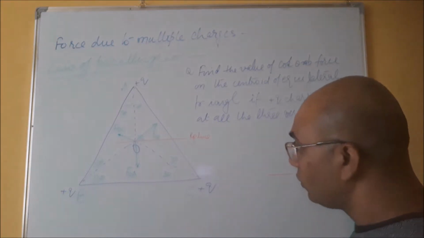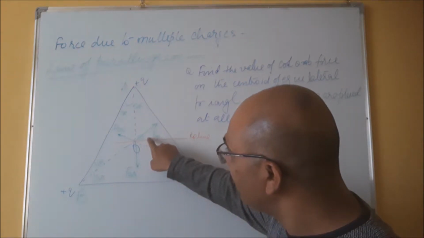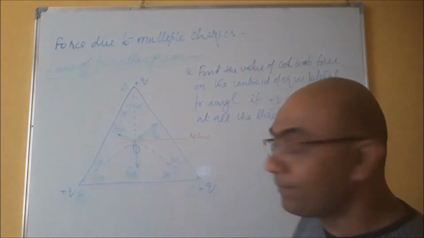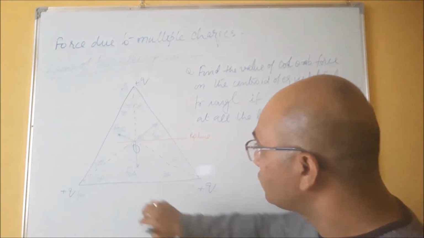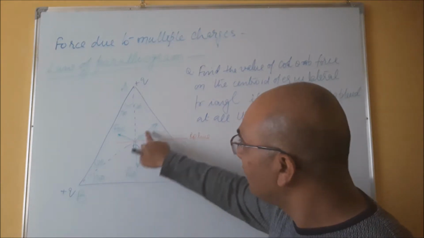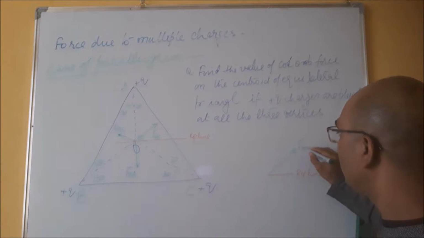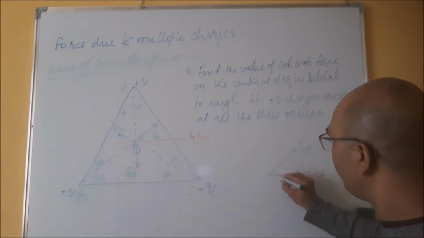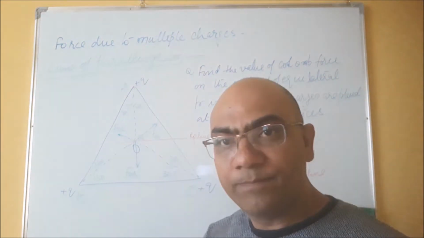Right? So F_OB, you see here, what is the angle between F_OB and this reference line? Can you draw this? By the geometry, this line and this line are parallel. So this angle will come at this point, and hence F_OB will make this angle 30 degree. Is it okay?